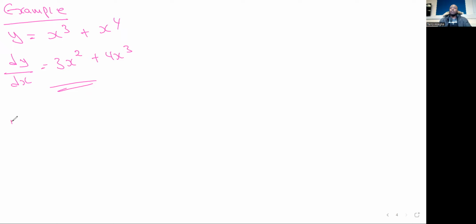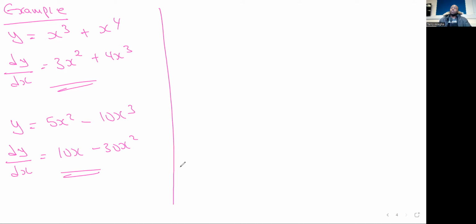All right, so let's say you have y is equal to 5x squared minus 10x cubed. So the same thing, the dy over dx for this is going to be, you differentiate this separately, and that will give you 10x. You differentiate this separately, so 3 times minus 10 will give you minus 30. 3 minus 1 will give you 2, and that is x squared, and that will be the answer for that. So you pick another one.